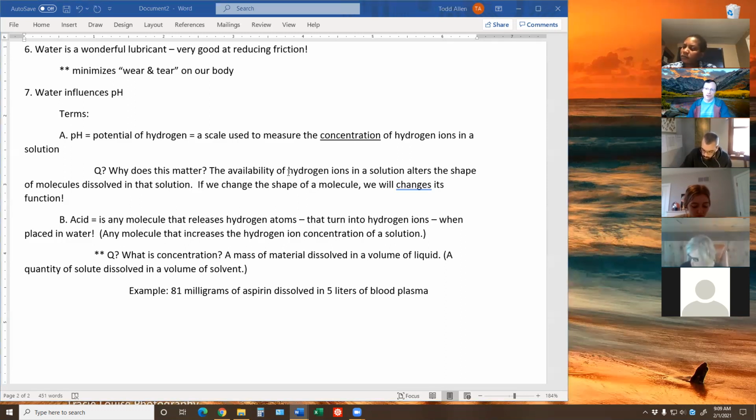You appreciate that concentration is such a majorly important topic in the clinical setting, right? If an anesthesiologist does not get the concentration of anesthesia correct in your bloodstream during surgery, there can be significant consequences. If the concentration of anesthesia is too low, you're going to wake up in the middle of surgery and probably not be too happy about that.